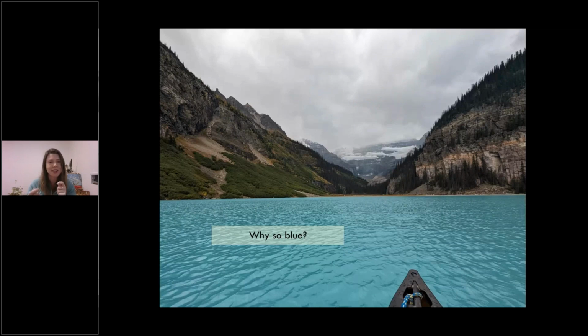We call these fine suspended particles glacial flour, like the flour that we're sifting, which I think is quite a lovely name. They do vary in composition depending on what rock has been ground up, but the light will react differently having those particles.